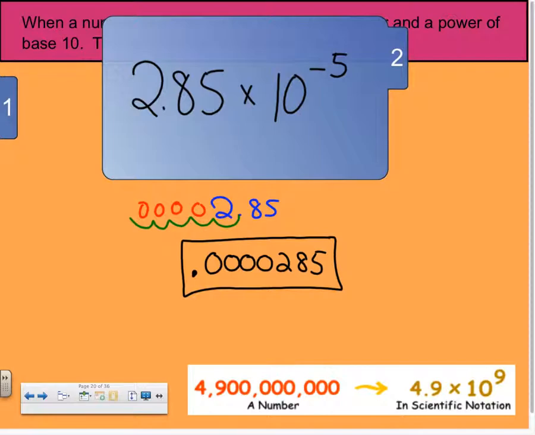Okay, the answer should be 0.0000285. Okay, so remember, I have a negative exponent, which means I'm going to be creating a small number. I'm going to do that by moving my decimal point to the left.